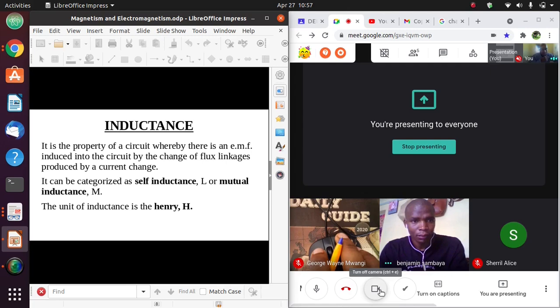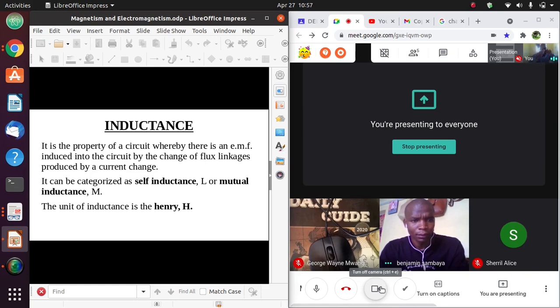This is generally the phenomenon that we call electromagnetic induction. When you have an EMF being induced in a conductor or in a circuit because there's a change in the magnetic field around that conductor, then we call that electromagnetic induction.